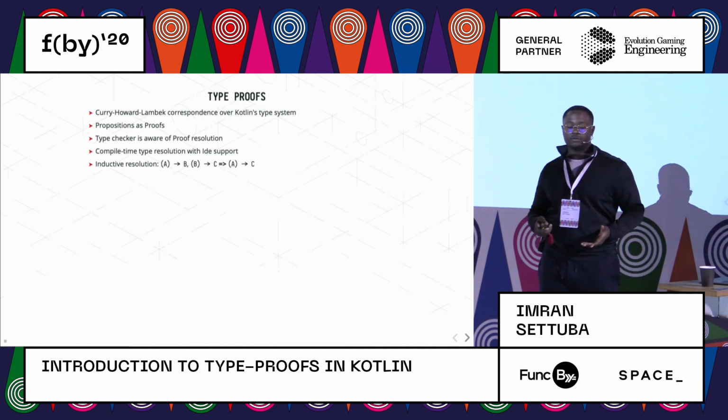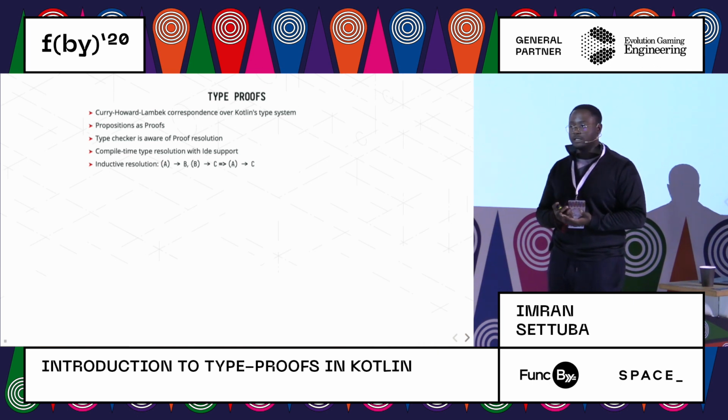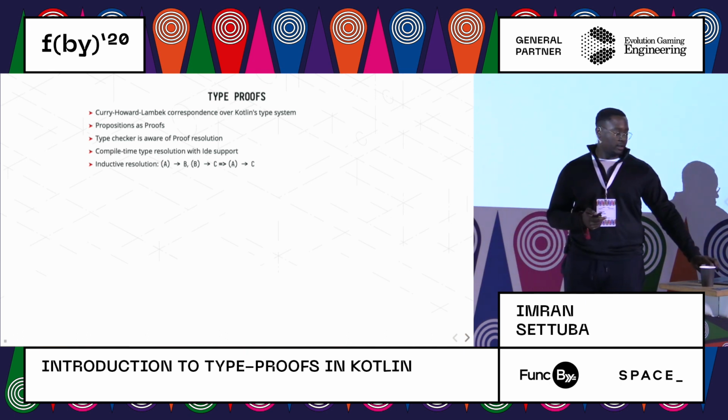And when we look at inductive resolution, it is nothing else as whenever we have a proof from A to B and B to C, the compiler should be able to generate a type proof from A to C. Now that has a few limitations and pain points we'll be going through later.